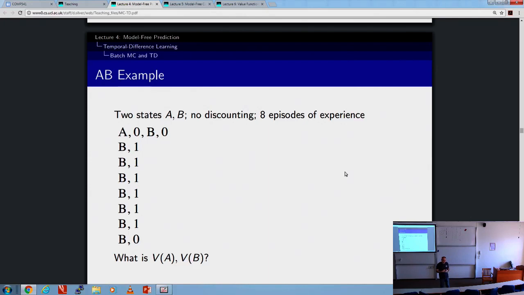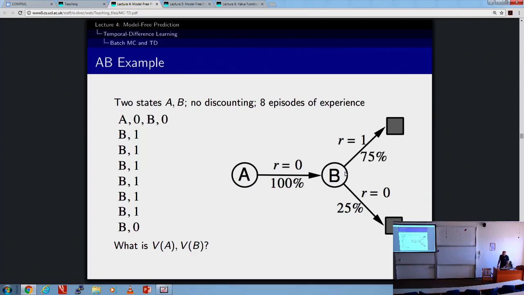Well, they optimize different things. In particular, when TD is trying to solve this problem, it's basically assuming there is a state diagram that looks a bit like this, and it's trying to find the best fitting numbers for this state diagram.